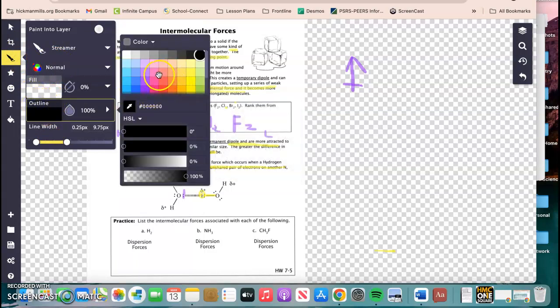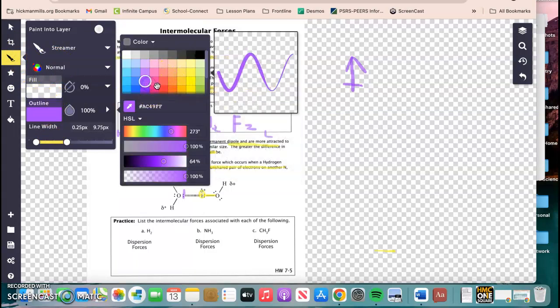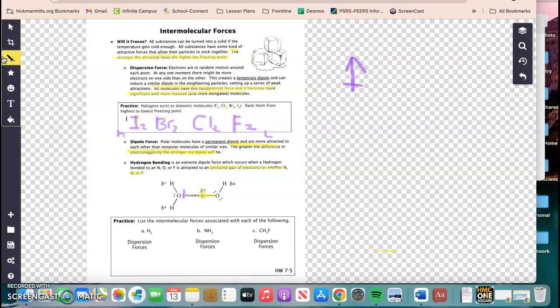All right, so just like we've been doing with the Lewis dot structures. So we have NH3, so I'll just draw that over here. Make it a little bit smaller. Okay, so NH3.